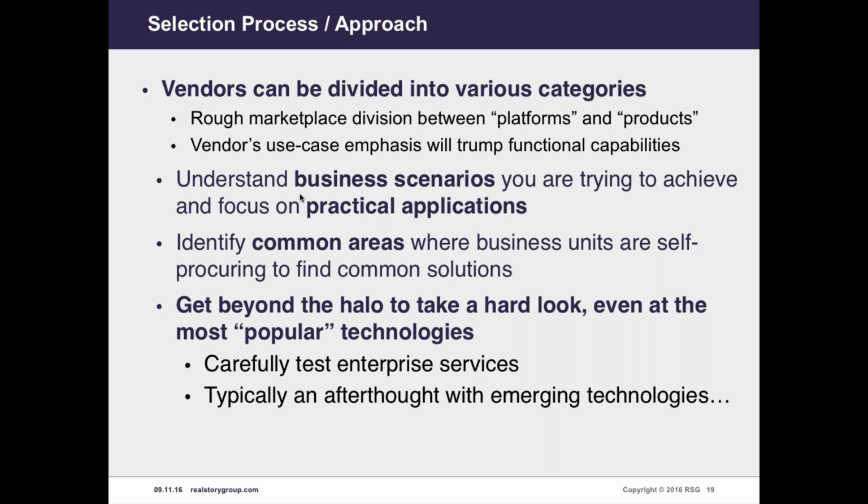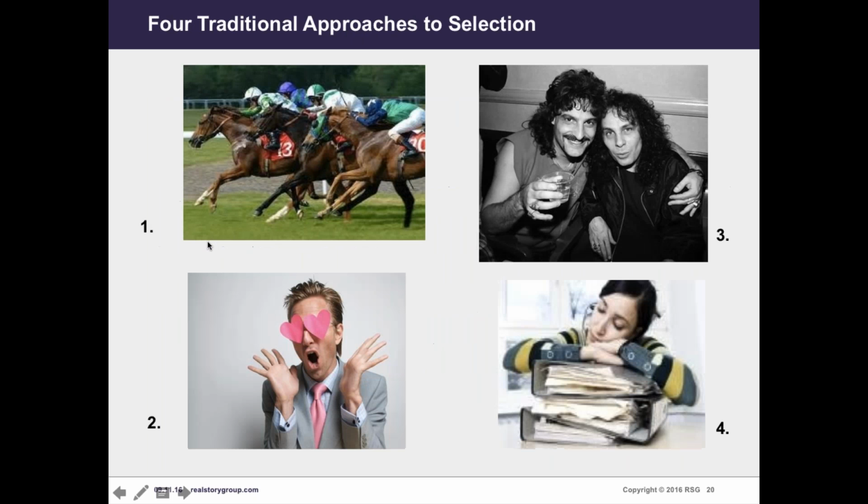And then make sure that you carefully test these tools, particularly if your intent is to extend them beyond an individual department, and carefully test some of those enterprise services, like scalability, which has been an issue, for example, with Slack in some organizations, so that it doesn't just jump up and bite you on the behind, right?